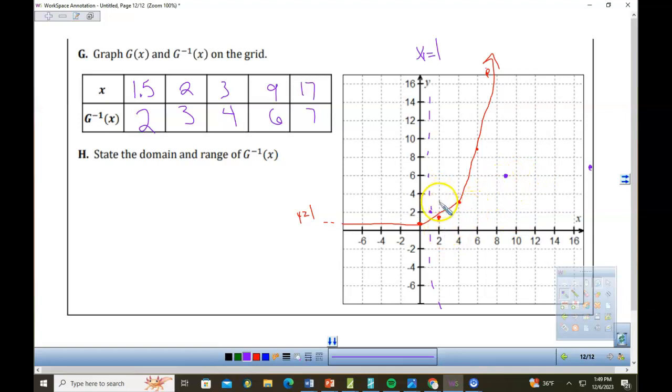So it's going to look kind of like that, right? So that's my inverse.